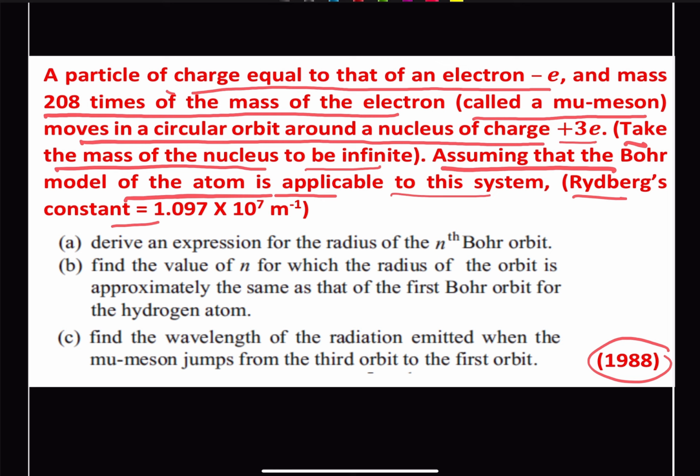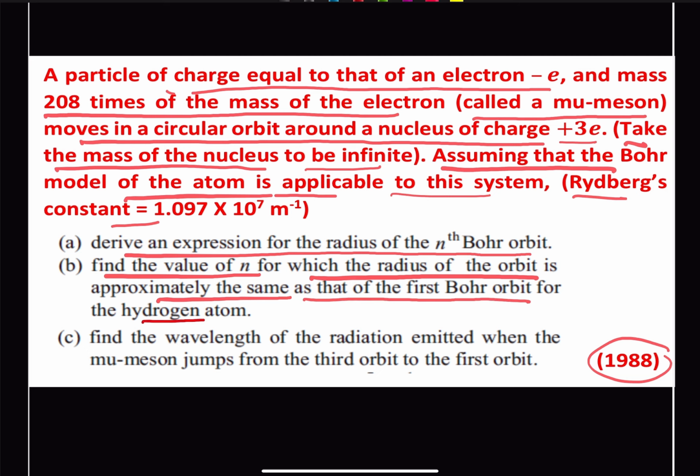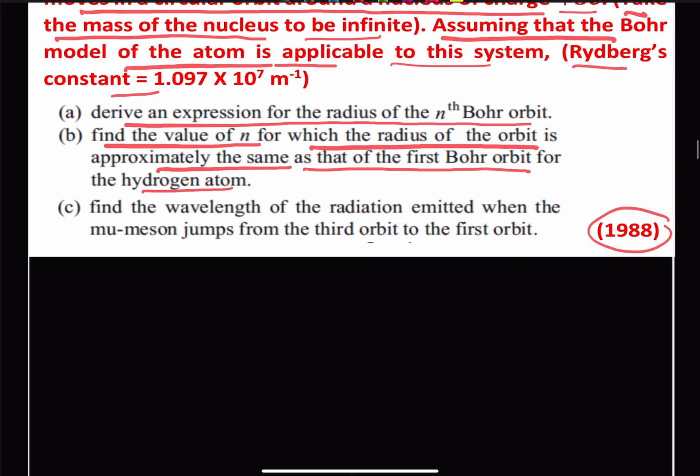Based on this, we are having 3 questions. First one is, derive an expression for the radius of nth Bohr orbit. Part B, find the value of n for which the radius of orbit is approximately the same as the first Bohr orbit for the hydrogen atom. And third part, find the wavelength of the radiation emitted when the mu meson jumps from third orbit to the first orbit.